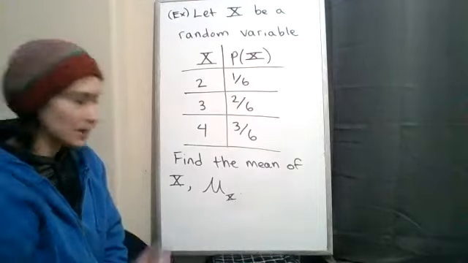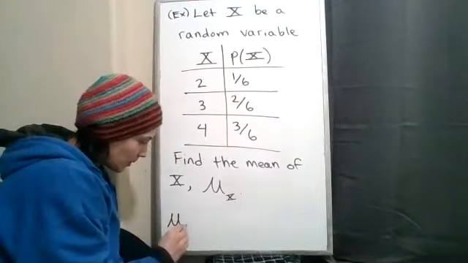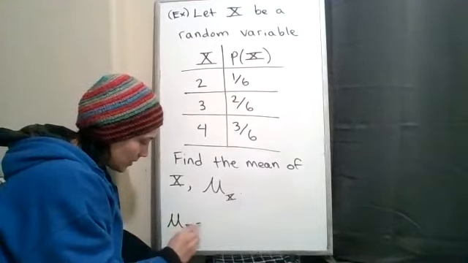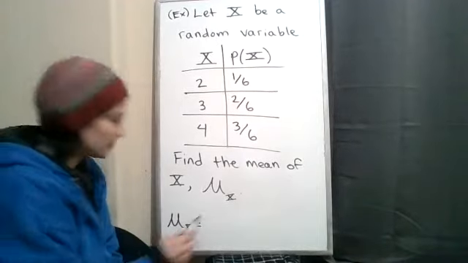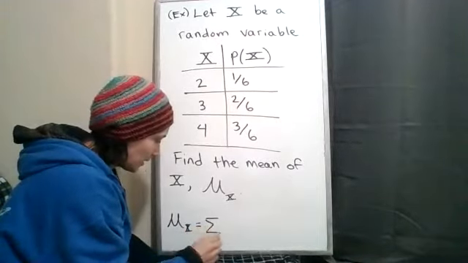Okay, the mean of X, mu sub X, is to take all X and multiply by P of X and add them together.